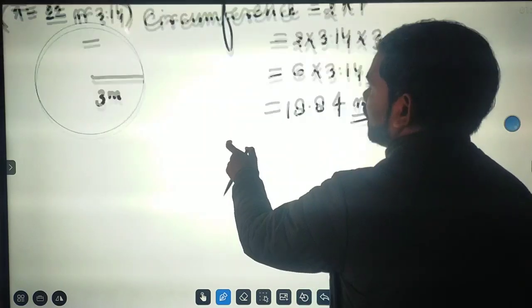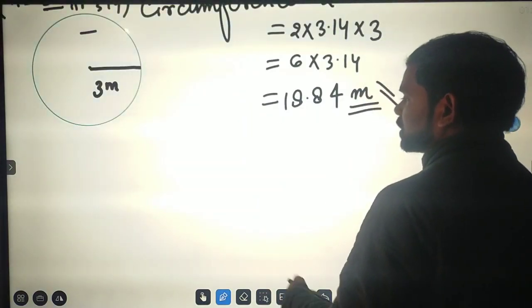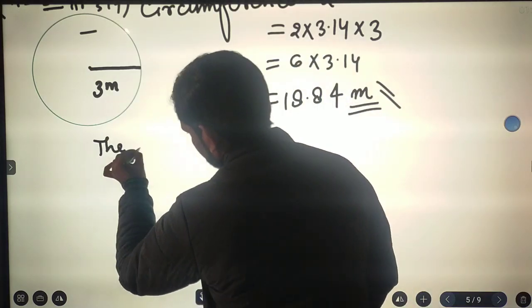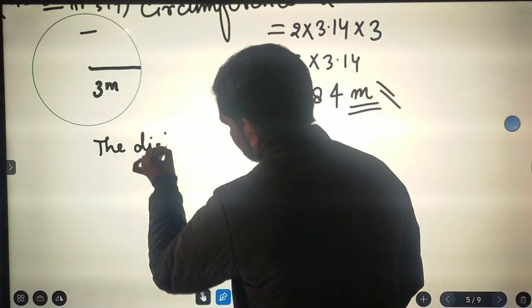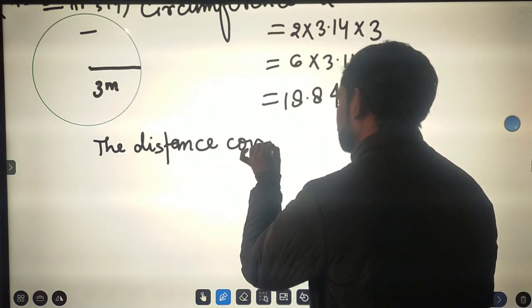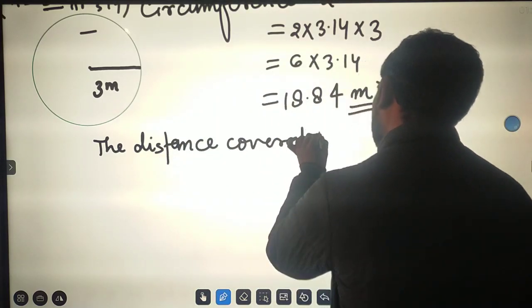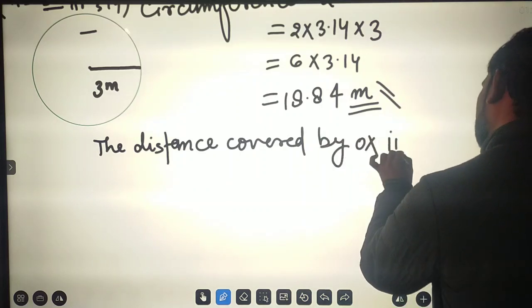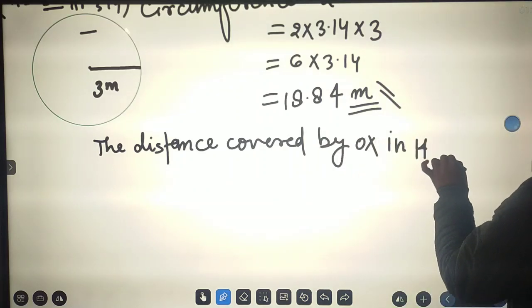Therefore, we have to find the total distance covered by the ox in 14 rounds.